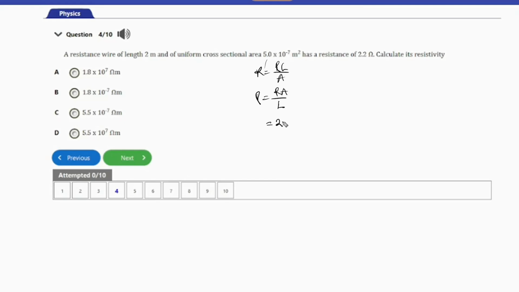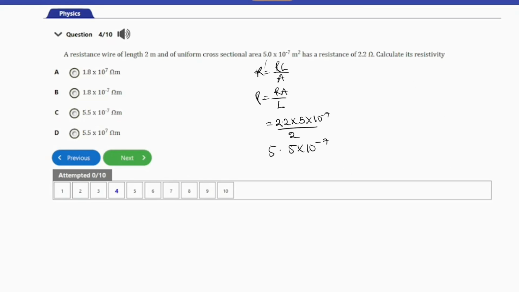So resistance, which is 2.2, times area, which is 5.0 times 10 to the power of negative 7, all over the length, which is 2 meters. And then let's go ahead and calculate this and see what we'll have. So guys, the answer to this question is 5.5 times 10 to the power of negative 7 ohm meter. And that is, for this question, option C.